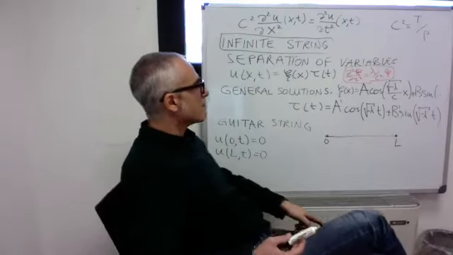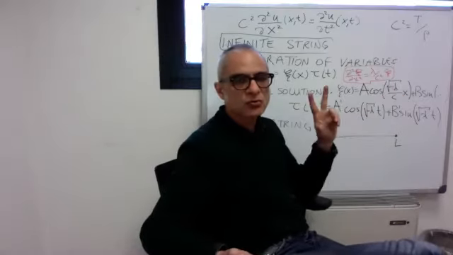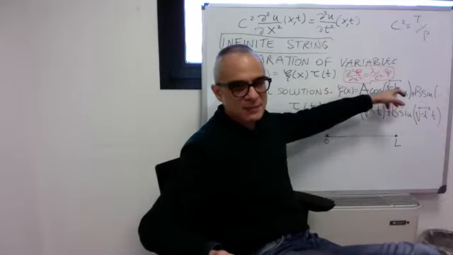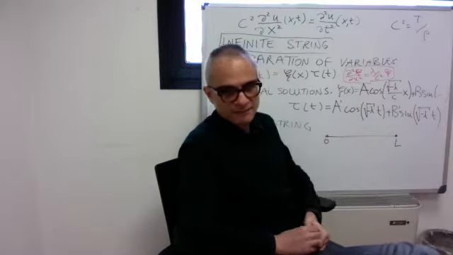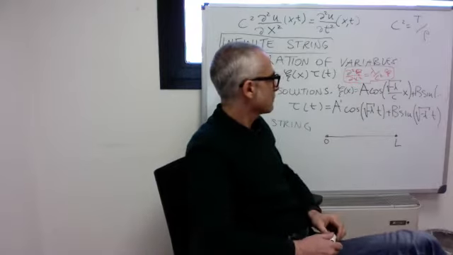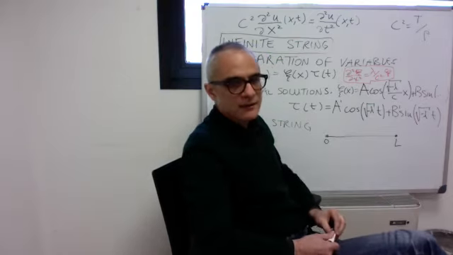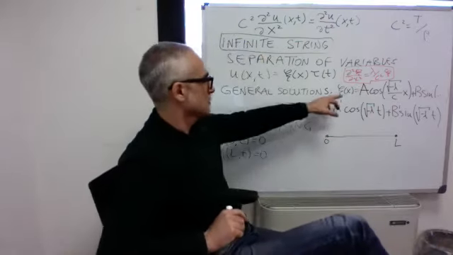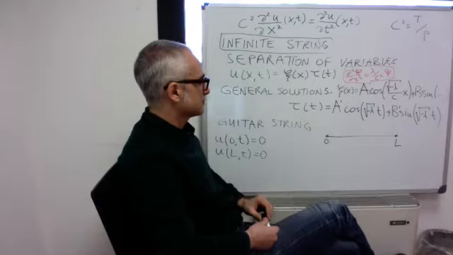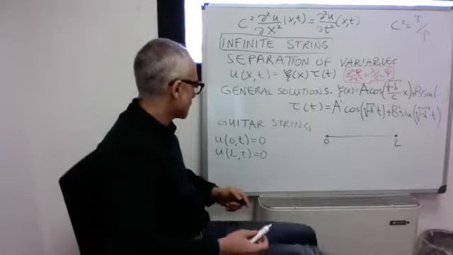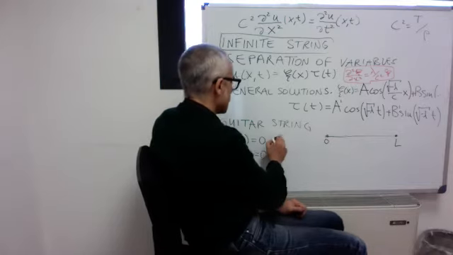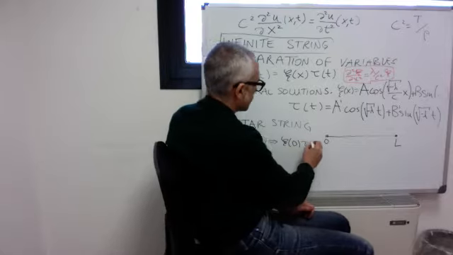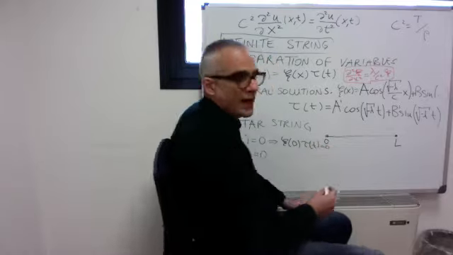Well, remember that these equations contain two arbitrary constants. Actually, three in a sense, because lambda is undefined yet. So let's see if we can constrain their values by imposing these conditions on this expression. The first condition reads psi of 0 times tau of t equals 0 for any value of t.